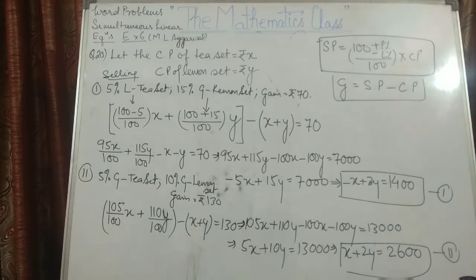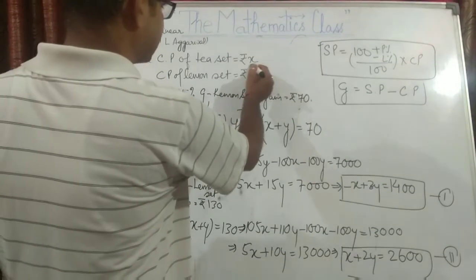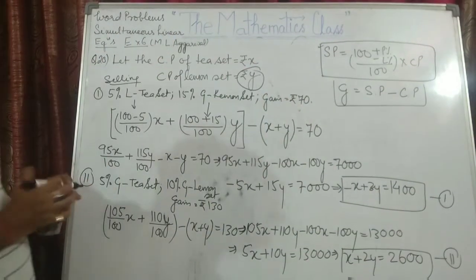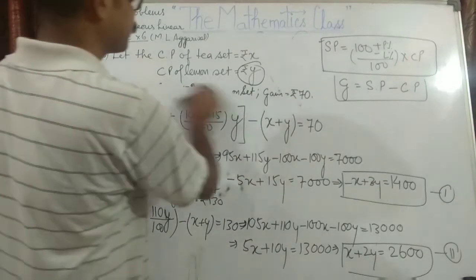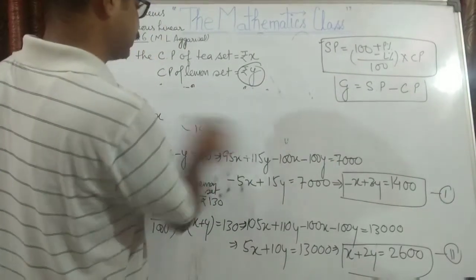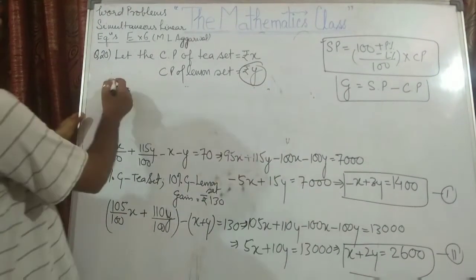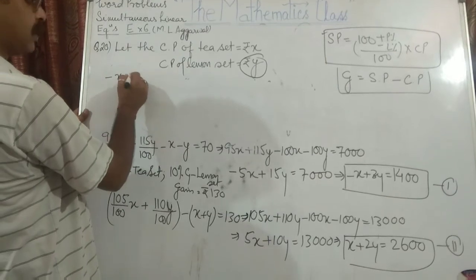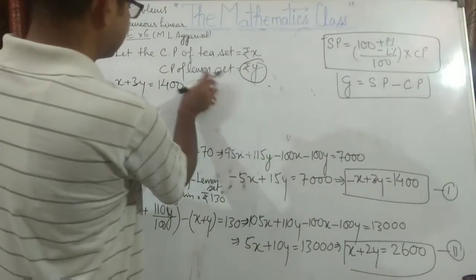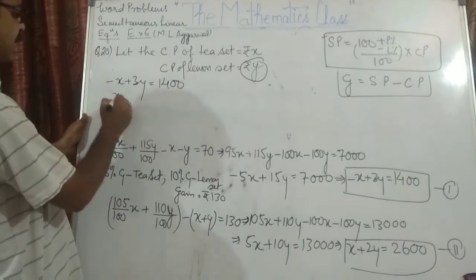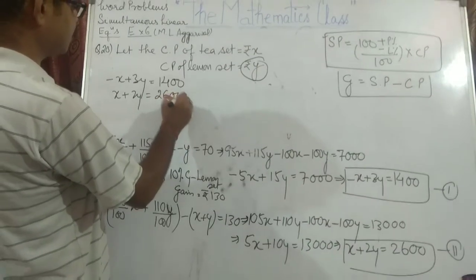We have to find the cost price of the lemon set, which means we have to find the value of y. So on solving these two equations, the first was minus x plus 3y is equal to 1400, and the second was x plus 2y is equal to 2600.